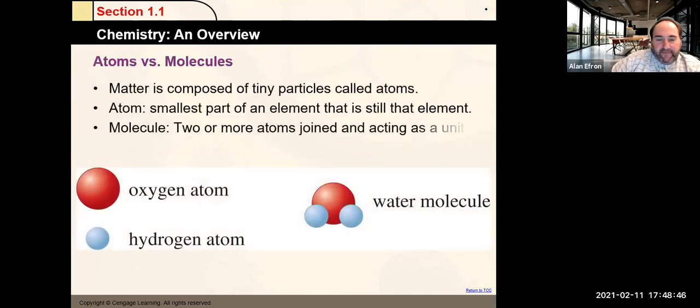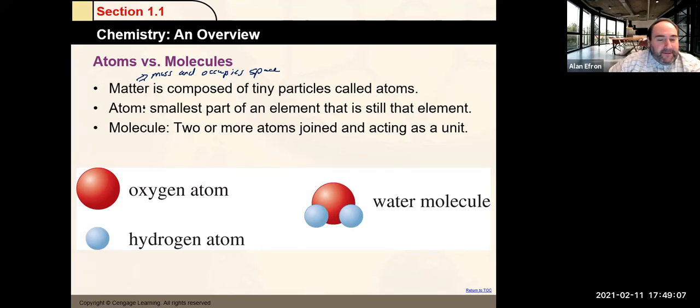So as I mentioned before, matter is really anything that has mass and occupies space. Pretty much anything will meet that definition.